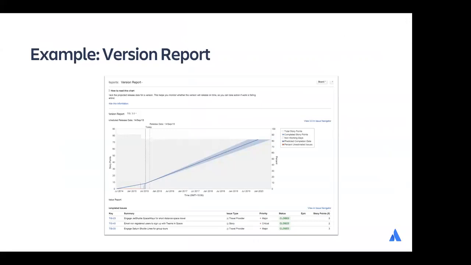So let's take a look at this example. Again, a lot of fine print, so this is just sort of an overview. Here you see the today line, that's the vertical line. You could see here is the predicted release date all the way at the end. And the release date was right next to today.